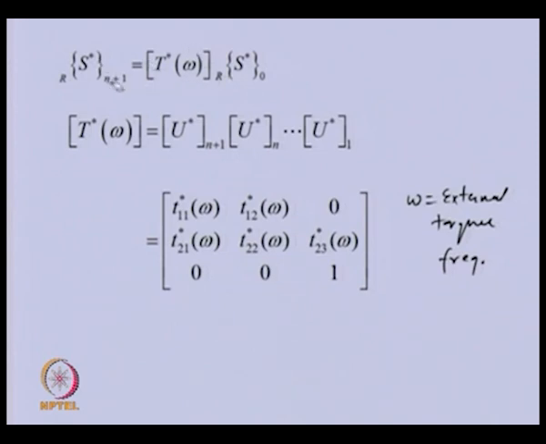That can also be calculated using this equation, because this state vector contains not only the angular displacement but also the torque, and depending upon the boundary condition, we can get various angular displacements at various stations.